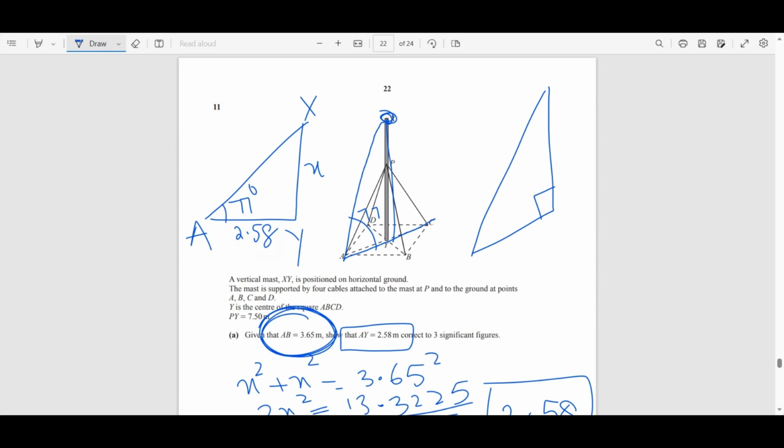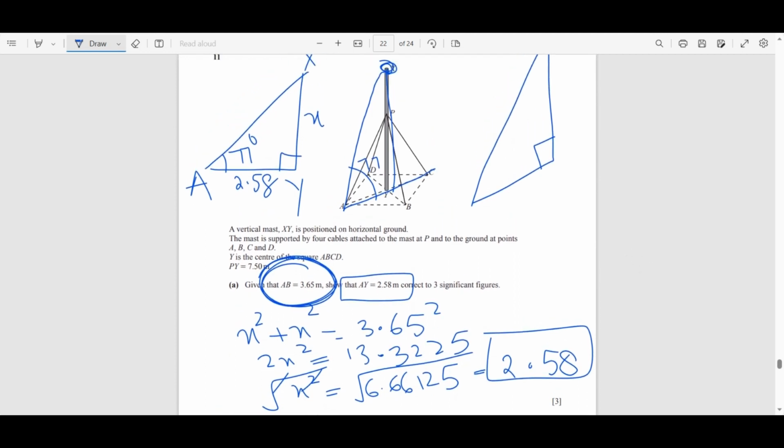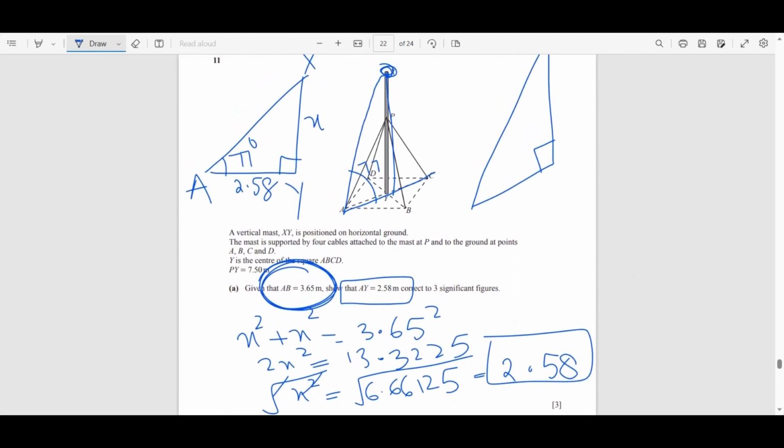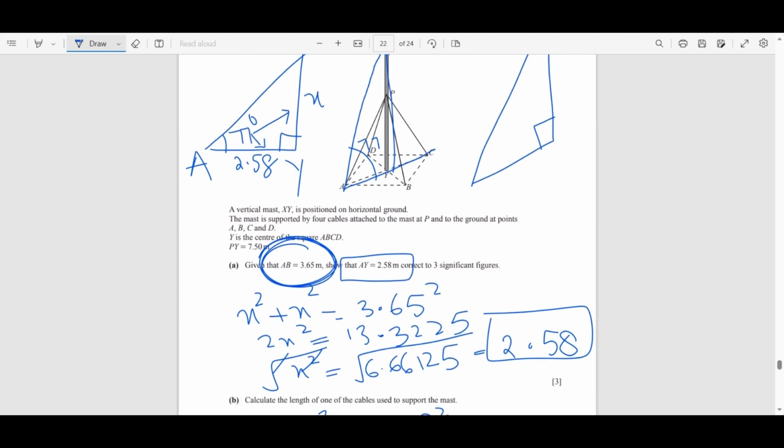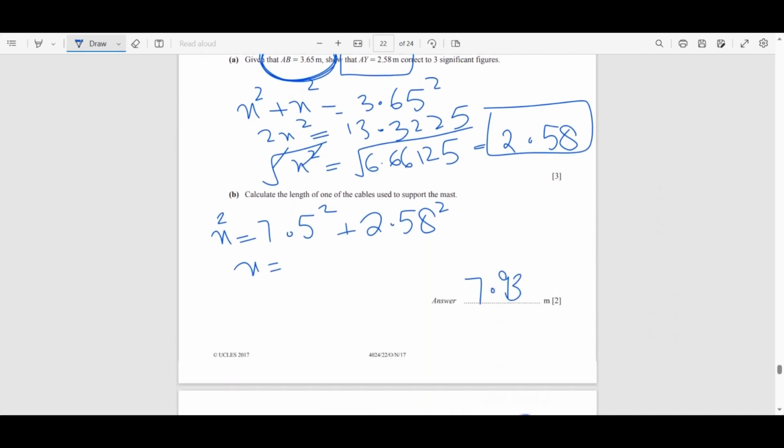Right. So XY, this is a right angle triangle at Y. So this can be done by using a basic trigonometric ratio, which I believe should be tan, because according to the angle 77, this is the opposite and this is the adjacent. So opposite and adjacent is only in tan.